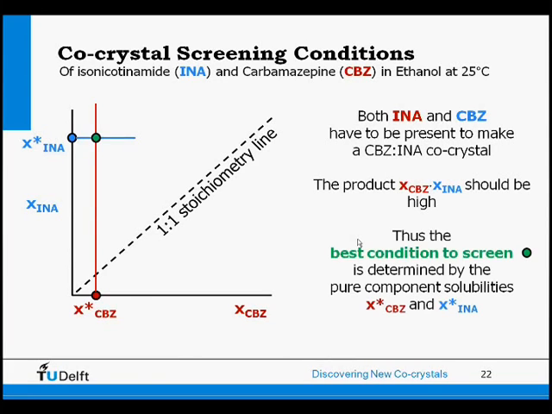And then we come to the conclusion that the best condition to screen is this green point, which is determined by the pure component solubilities. So this green point is a very important point for screening for co-crystals, while it is determined by the pure component solubilities. So that is something you can measure and establish before you are going to look for co-crystals.